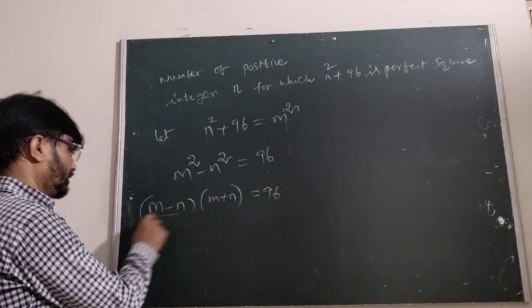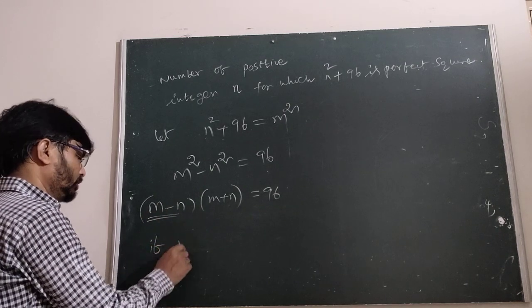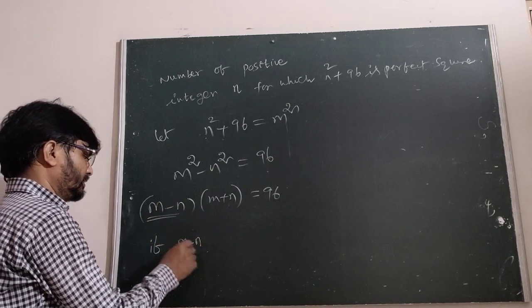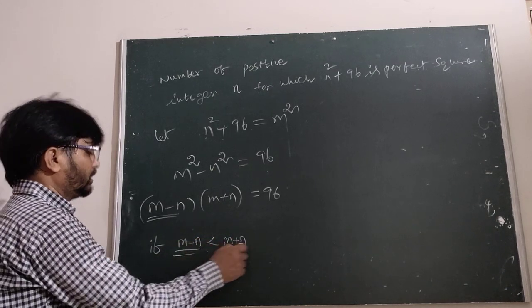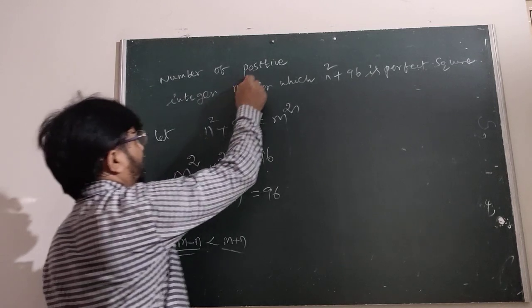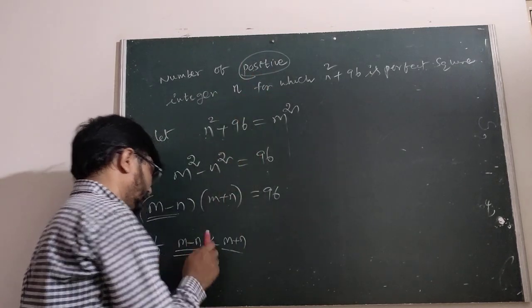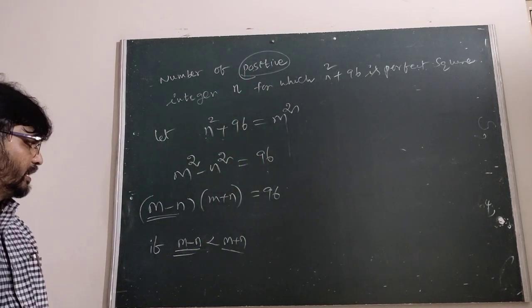Since n is positive, m minus n must be less than m plus n.